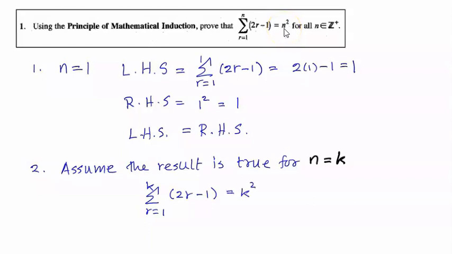Remember, our n is k now. So I assume this is true. The second step has nothing much. You just have to assume that this result is true for some value of n. Now comes the third step. Let's see how we go from here.